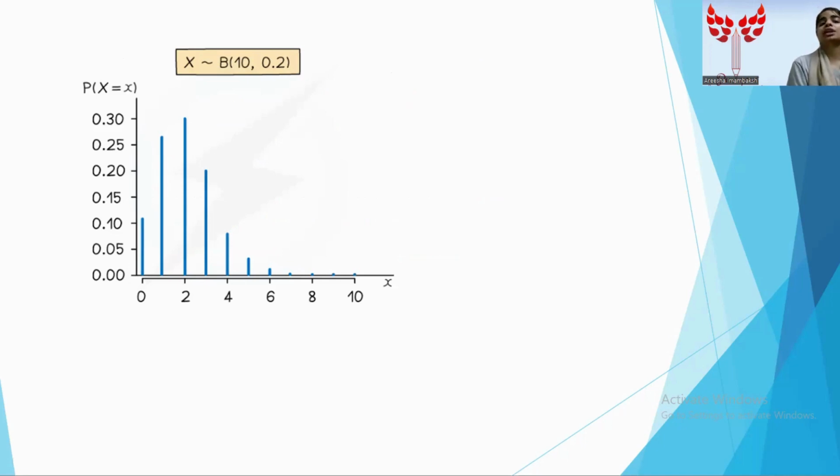Because your probability is very close to 0, the majority of the observations out of the 10 lie on the lower end. They have a lesser probability.